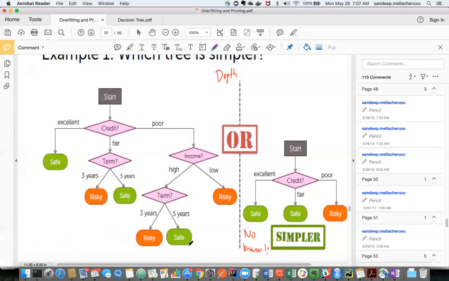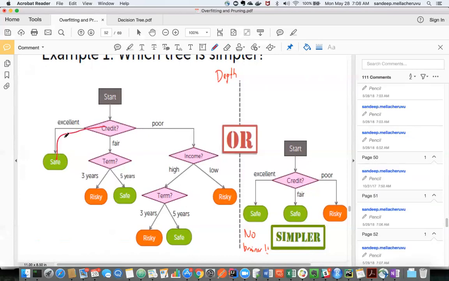Now when you are hopping, try to choose the branch which is having the maximum depth. Do not choose this branch. This branch is saying only two hops.